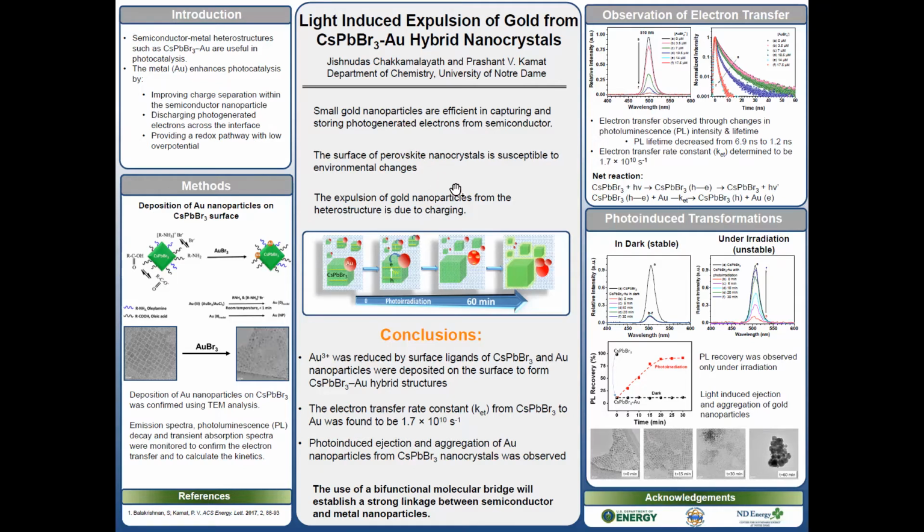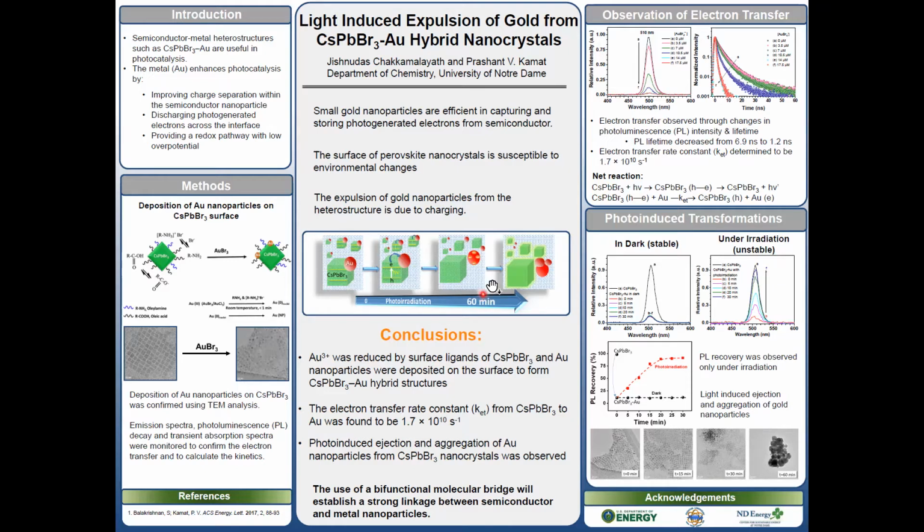One other possible explanation for the expulsion of the gold nanoparticles appears to be the charging of the gold nanoparticles during the photoirradiation, leading to their expulsion, which is shown in the schematic here. Initially the gold nanoparticles are anchored on the semiconductor, but when we continue the irradiation, the gold nanoparticles become charged and detached, leading to aggregation and forming bigger gold nanoparticles.